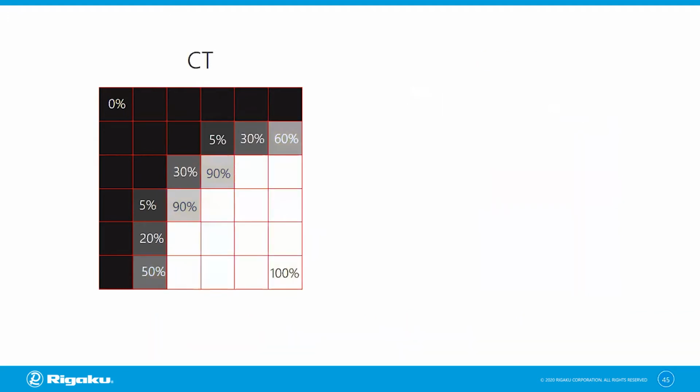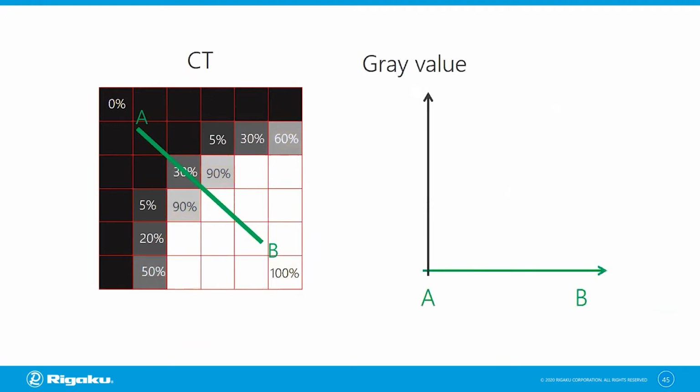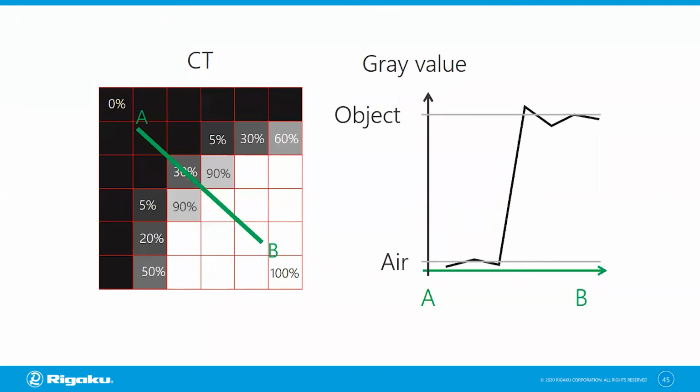So instead of simply thresholding the image at 50%, we're going to take a probe and go from point A to point B. You cross the interface, then plot the gray value like this from point A to point B. Then calculate the average air level and average object level and figure out where the 50% line is.